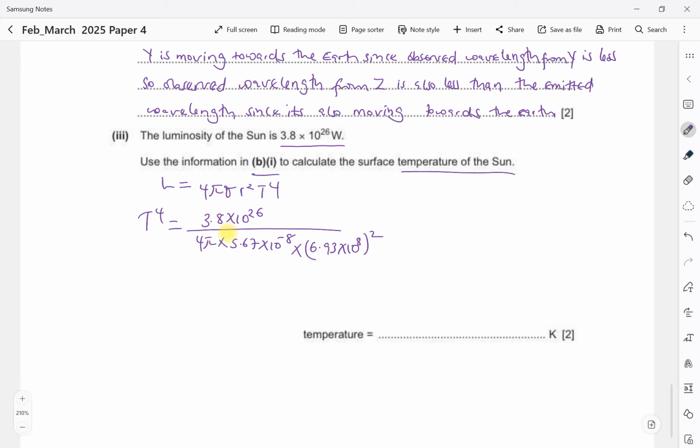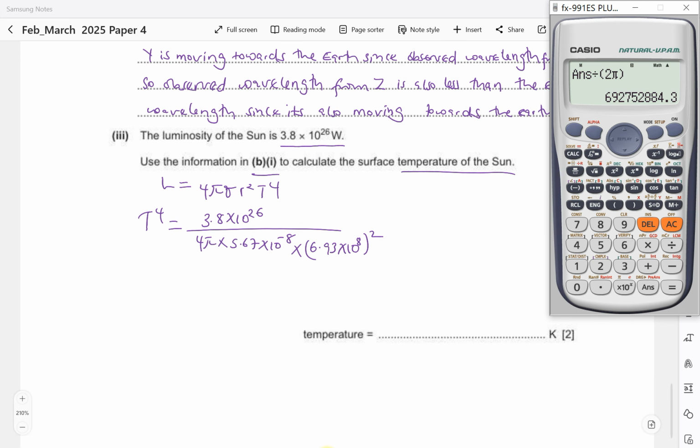Okay, so I will just press my calculator. Let me start with the denominator. 4 pi times 5.67 exponent minus 8. That is Stefan Boltzmann's constant. It's not Boltzmann's constant, but Stefan Boltzmann's constant.